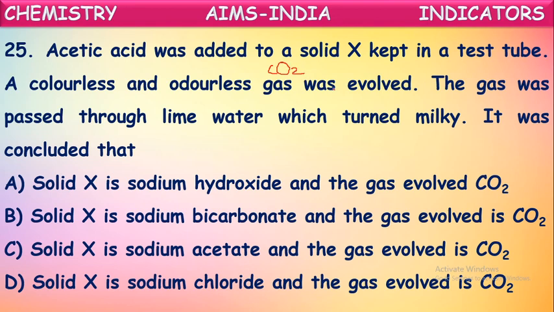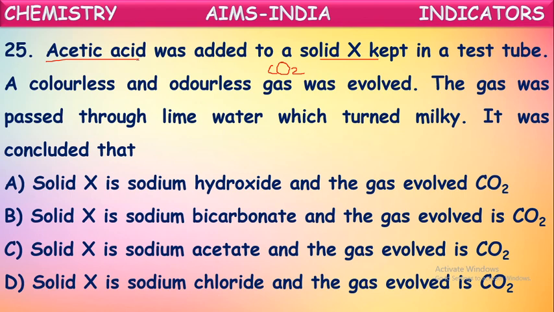Now observe the options once. Which substances generally produce carbon dioxide gas on reaction with acids? We know metal carbonates and metal bicarbonates generally produce carbon dioxide gas on reaction with acids. Here solid X reacts with acetic acid and produces carbon dioxide, so solid X must be a carbonate or bicarbonate.